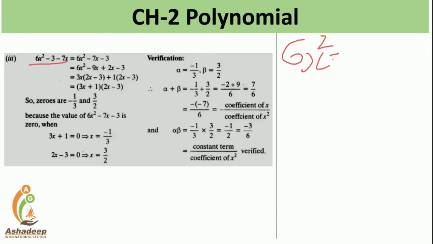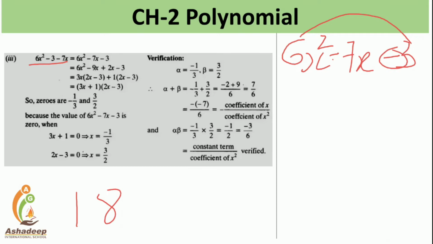So 6 threes are 18, and 18 here is a minus, so I need to subtract the factors, and it becomes 9 and 2. The middle term sign goes with the bigger digit, and here it becomes plus.